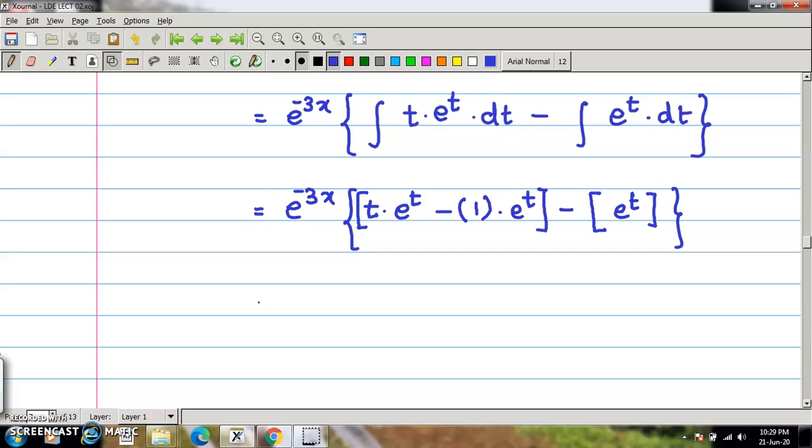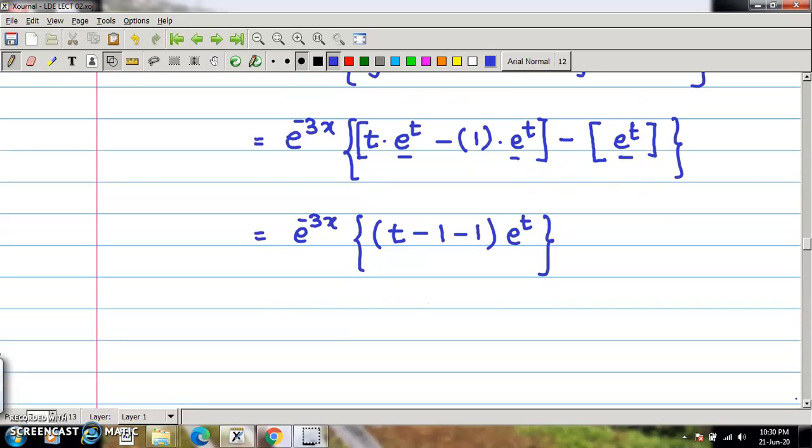So we simplify e raised to minus 3x. If we take this e raised to t common, it will be t minus 1 into e raised to t. If we resubstitute the value of t, this will be e raised to minus 3x into e raised to x minus 2 times e raised to x.